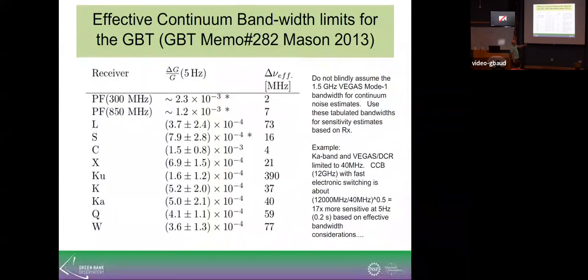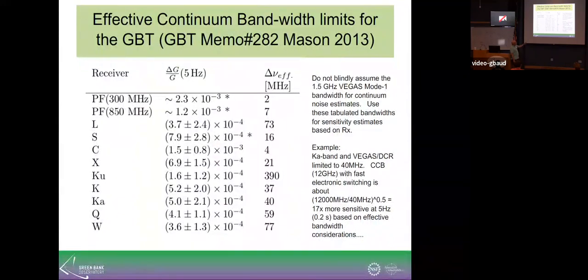Here, this is just the effective bandwidth. For the continuum, we have backends that can have a gigahertz, but you can't effectively get a gigahertz. If you're trying to estimate your sensitivity, 2 megahertz is all you can use. You could put 2 megahertz into the radiometer equation, and that would give you the sensitivity you would expect from your receiver.